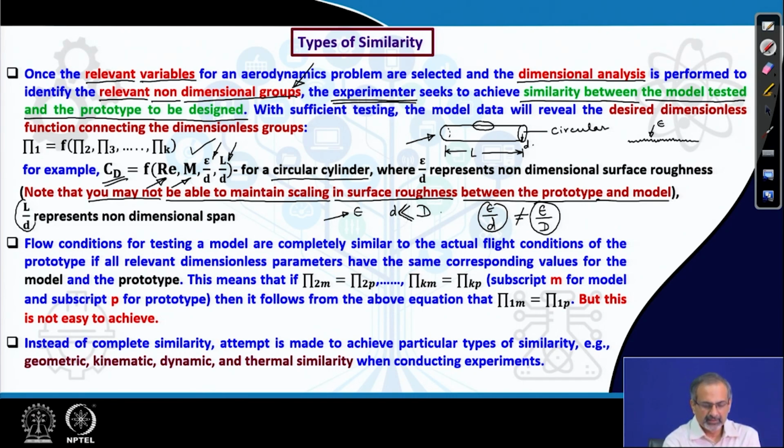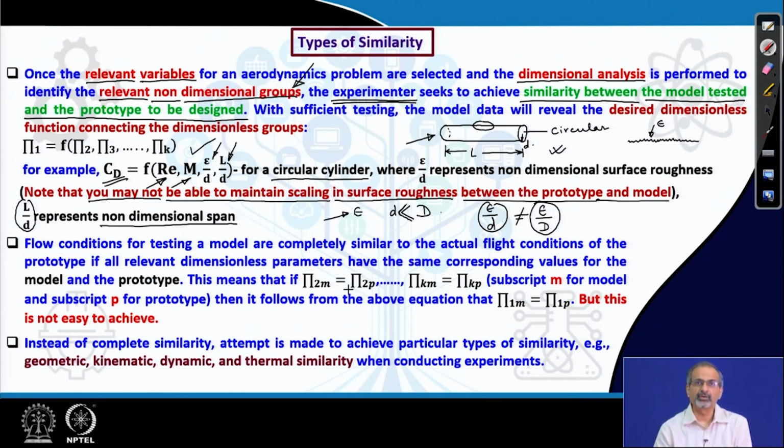Similarly, the span by the diameter, which gives you a measure of the non-dimensional span, may not exactly match between the model case and the prototype case.